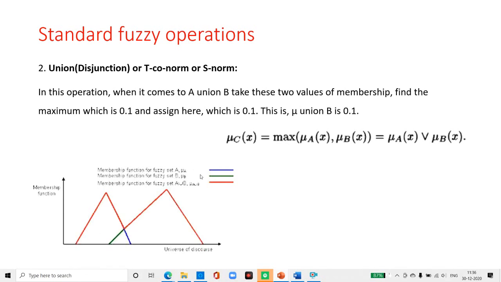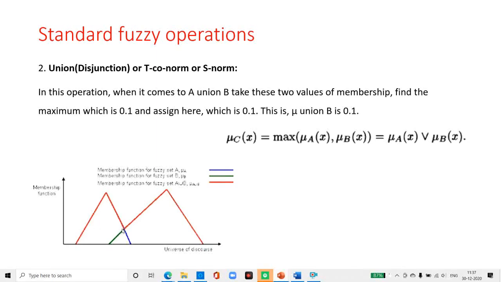So here, blue is the membership function for fuzzy set A. Green is the membership function of fuzzy set B, and there is a membership function for fuzzy set A union B. For A union B, when we find the membership value, we get the maximum value.